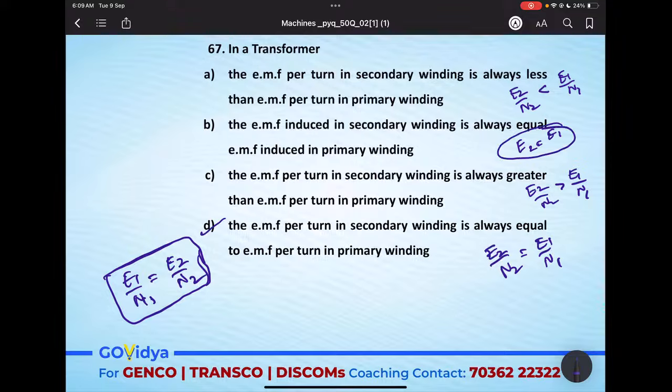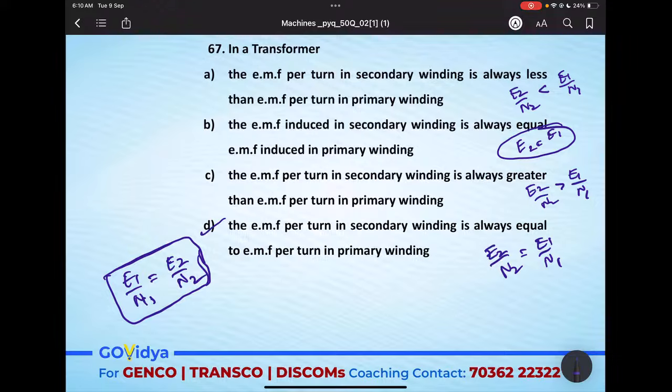If you see the second option, it will be a little confusing what to choose, B or D. So it is a very simple concept. In a transformer there will be step down and step up transformers. Step up means from lower voltage to higher voltage. From there itself we can understand that the primary voltage is not equal to the secondary voltage.